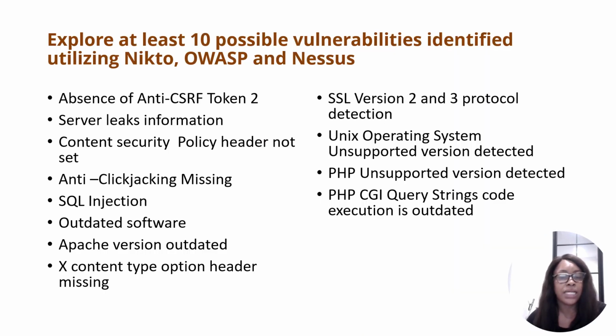And then on my next slide is to explore at least 10 possible vulnerability identifiers using my Nikto, my OWASP, and Nessus. So these are some of the vulnerabilities that actually came out from utilizing my Nikto, my OWASP, and my Nessus. We have the absence of the anti-CSRF token, we have the server leaking information, we have the content security policy header, we have the anti-clickjacking header missing, we have the Unix operating system version not detected, and so on and so forth.